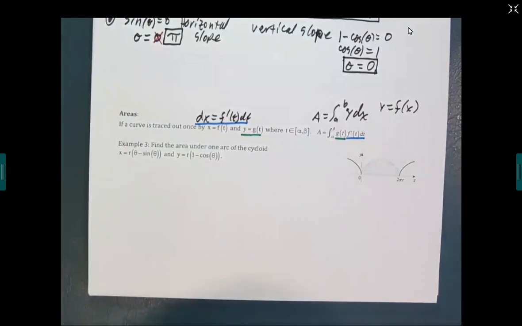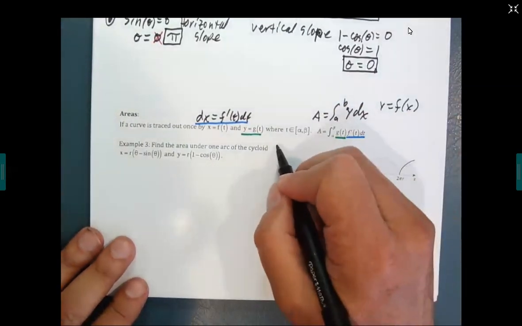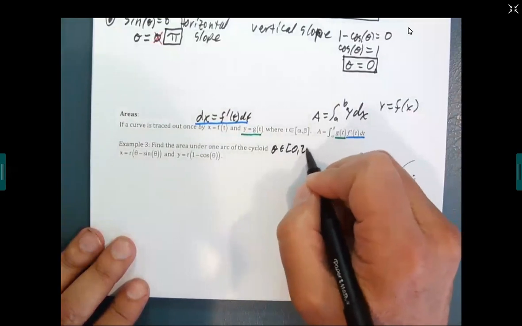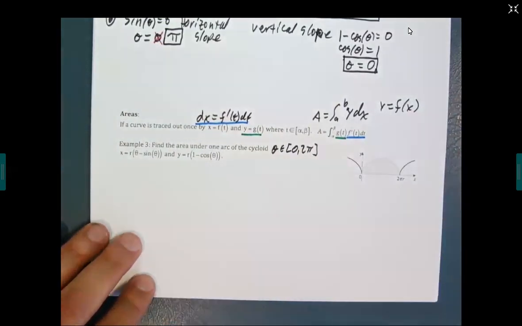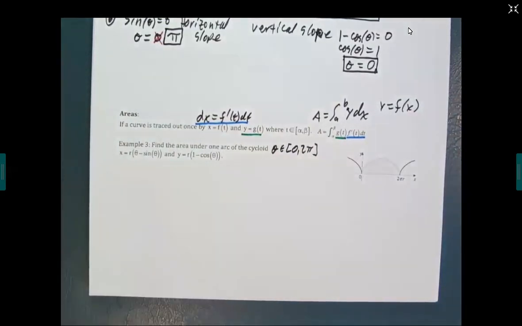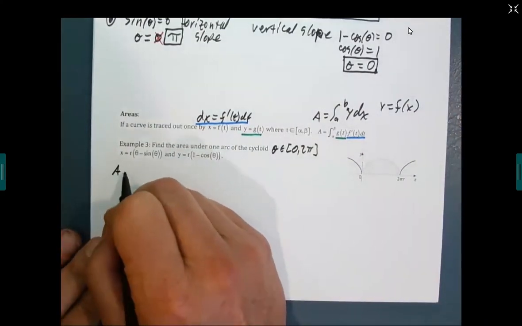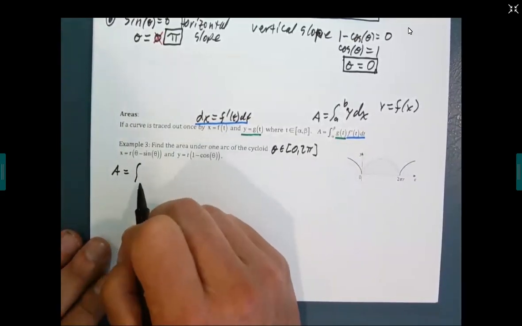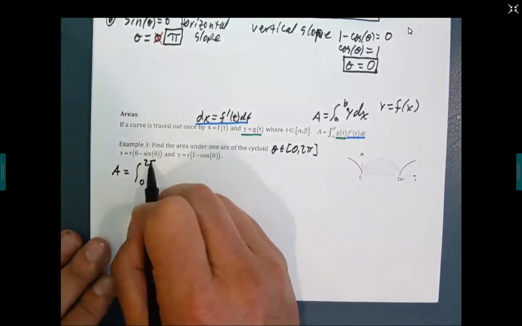All right, so let's do this. Theta for this problem is going to go from 0 to 2 pi inclusive. And we are going to use the integral, so the area of one loop, so 0 to 2 pi, is going to be the integral from 0 to 2 pi.